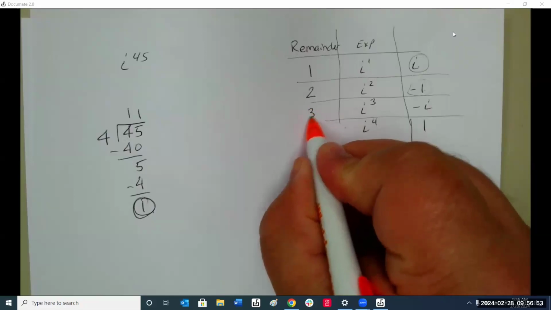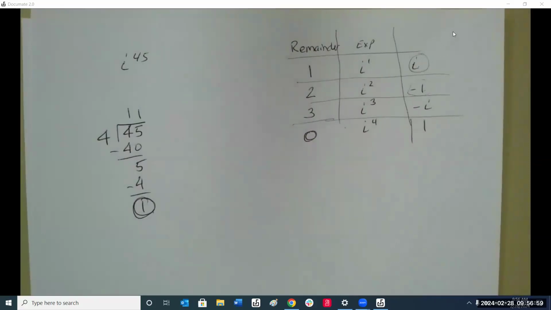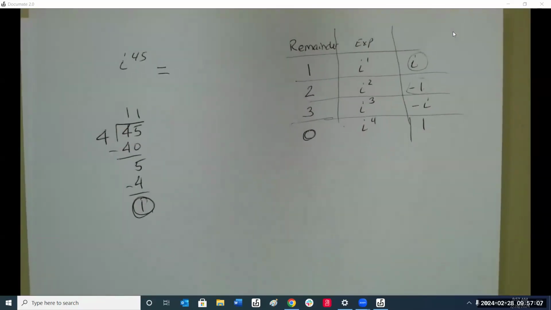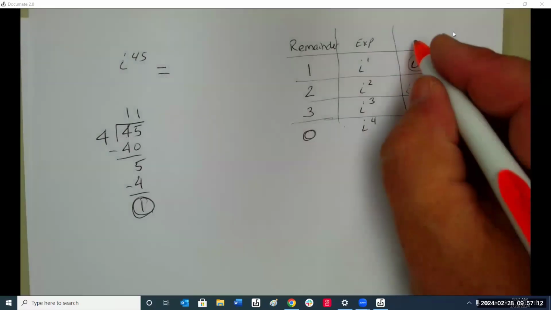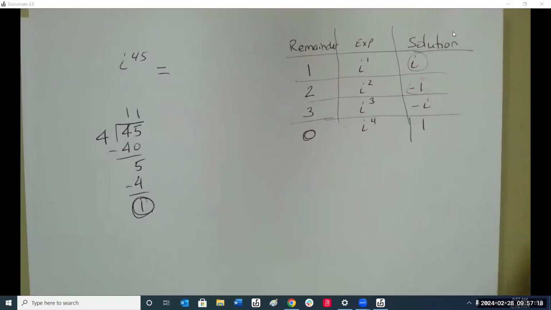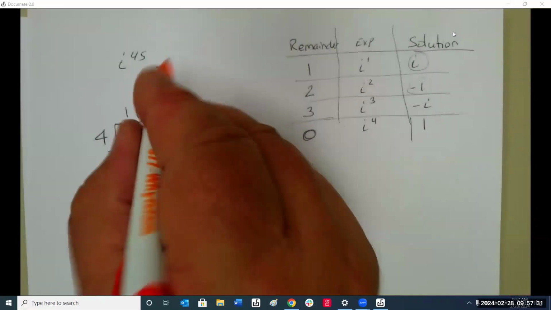If the remainder is 3, it's negative I. And if there's no remainder, it's 1. And we can call that the solution. So what would this one be? Yeah, the answer would be I.